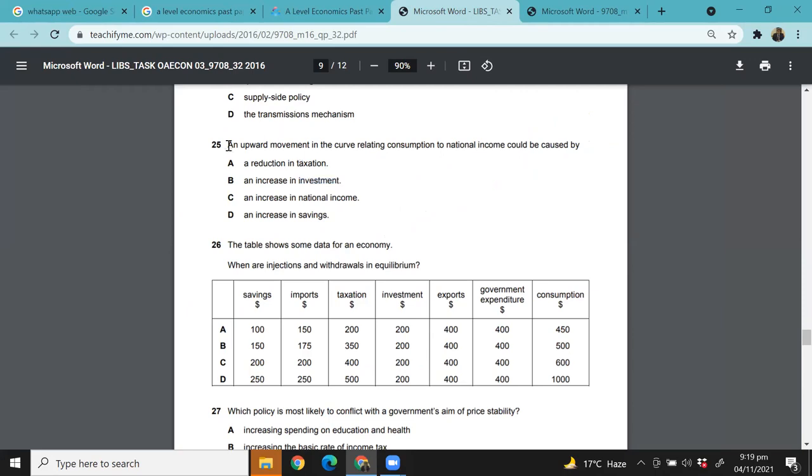An upward movement in the curve, even if that means a shift, could be caused by increase in investment, reduction in taxation, or increase in national income.